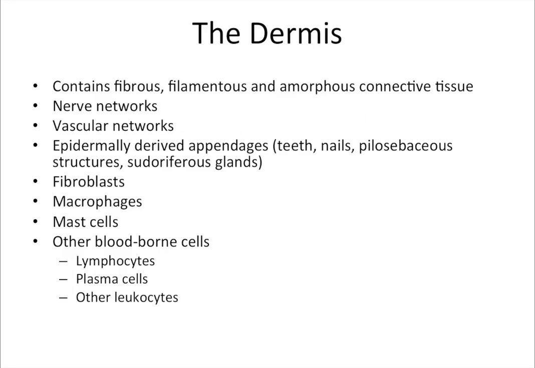The dermis, again, contains fibrous material, and the fibrous material is the elastin fibers and the collagen fibers. It also contains filamentous components, which we haven't talked about yet. And then it has the amorphous connective tissue, and the amorphous component is the ground substance that we were talking about.